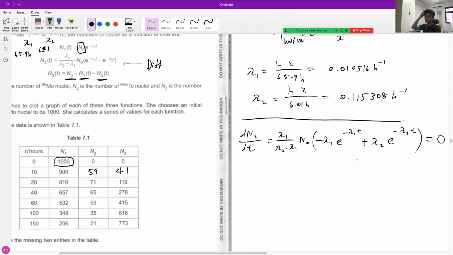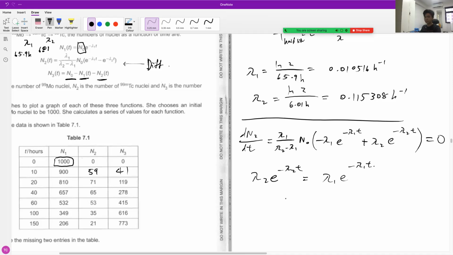And in physics, we don't need to do the second derivative test because in math you need to, but in physics you don't. So getting rid of the constants, we note that lambda 2 e to the power minus lambda 2 t equals lambda 1 e to the power minus lambda 1 t.